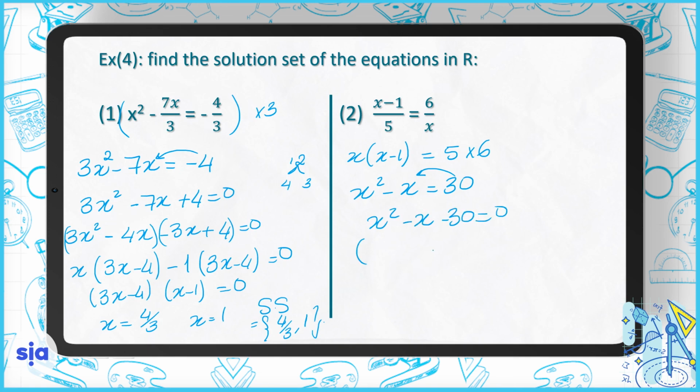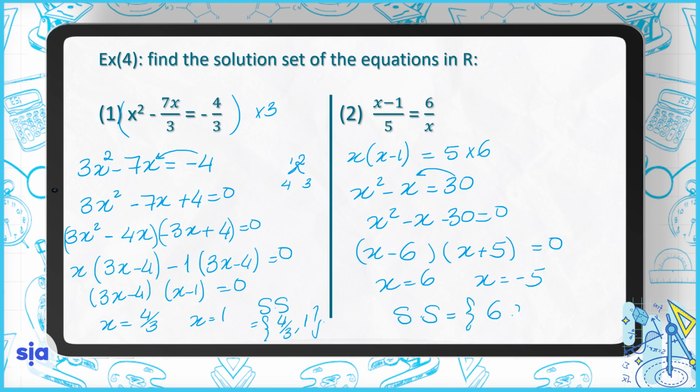I want two numbers whose product is negative 30 and whose difference is negative 1. Yes, they are negative 6 and 5. So x equals 6 or x equals negative 5. So the solution set here is 6 and negative 5.